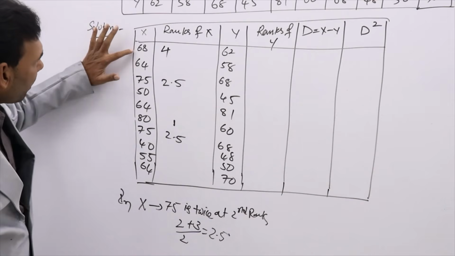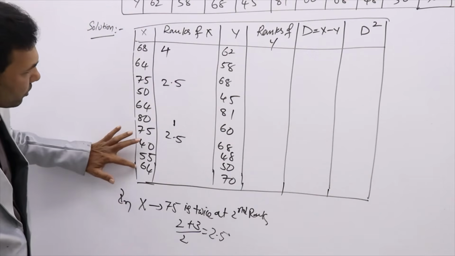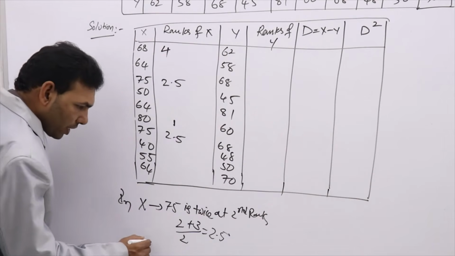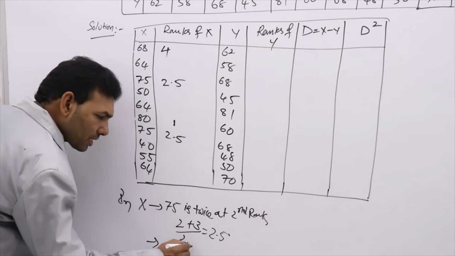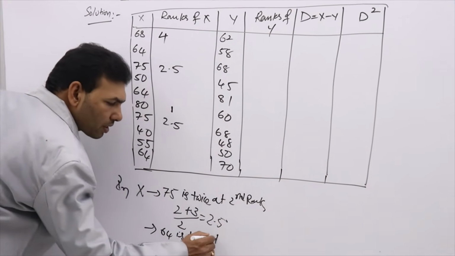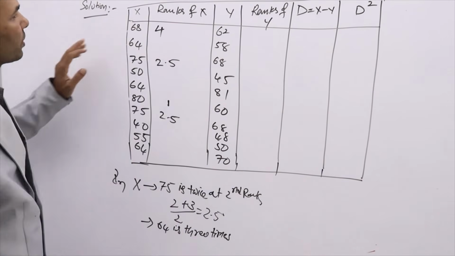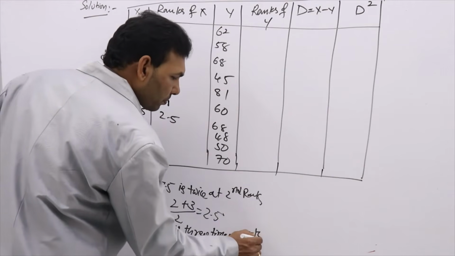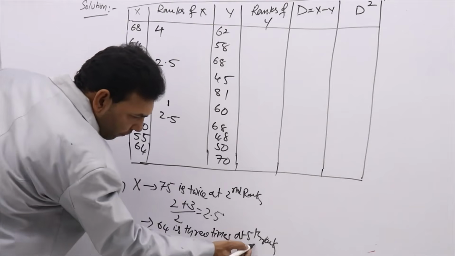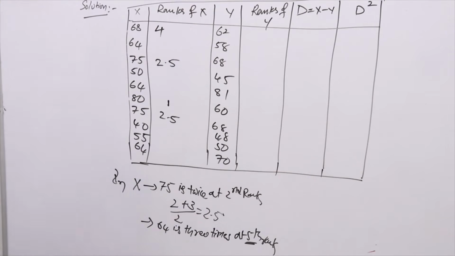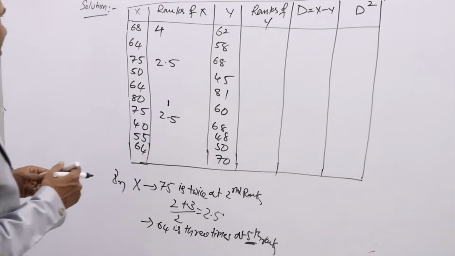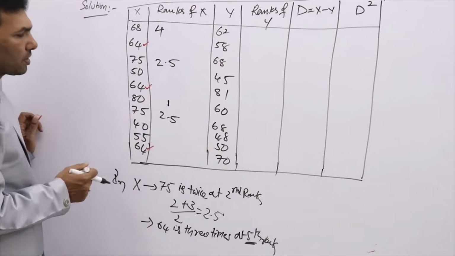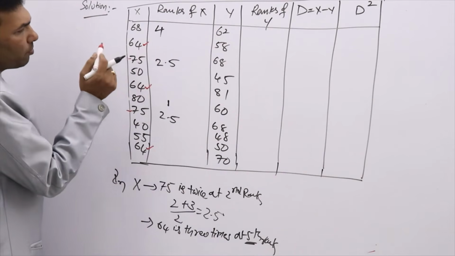Fifth rank we need to give for 64, but 64 appears 3 times in the X series. So from fifth rank we need to take the average of 3 ranks. Here 64 is 1 time, 2 times, 3 times. Similarly 75 is 1 time, 2 times.